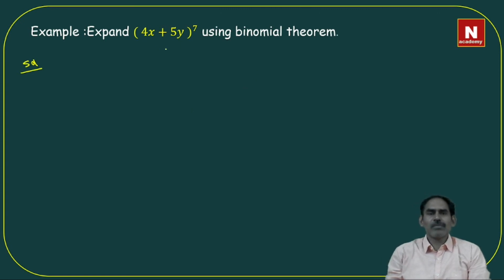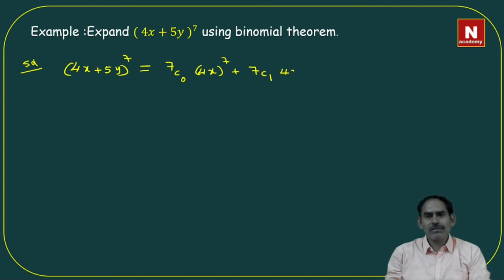With the help of the binomial theorem, we can expand this. (4x plus 5y) whole power 7 equals 7C0, the binomial coefficients, we start with 7C0 to last 7C7. 7C0 (4x) power 7 plus 7C1 (4x) power 7 minus 1 into (5y) whole power 1.